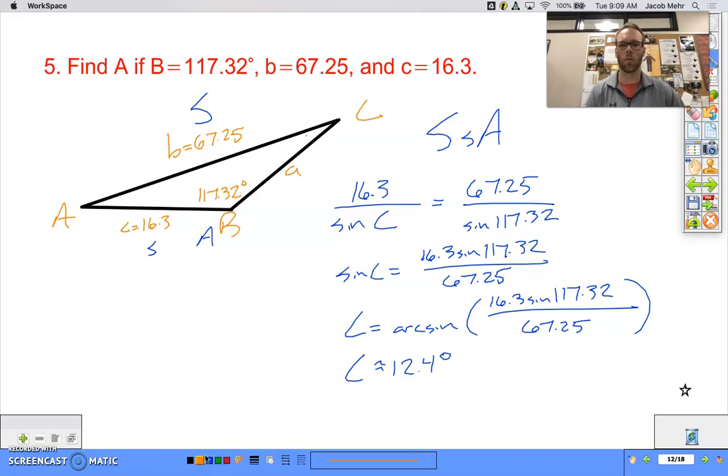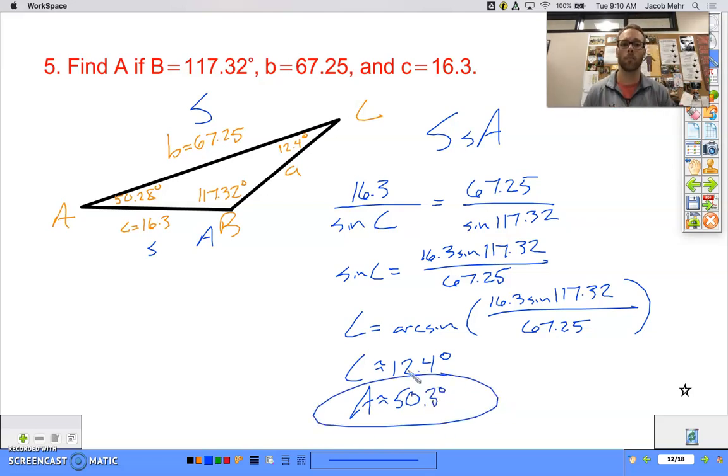Now what we can do is say, okay, if this is 12.4 degrees, what is our angle A over there? Well, we take 180 minus the 117.32 minus the 12.4 that we just got, and this is 50.28 degrees. I'll just say 50.3 degrees.